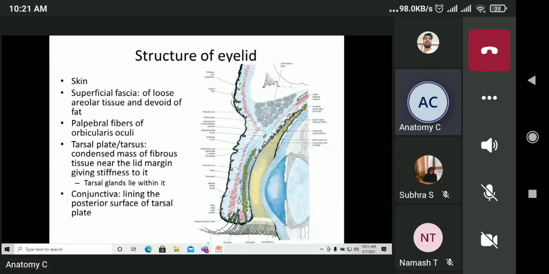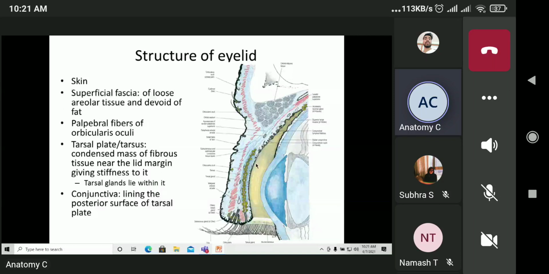In the structure of the eyelid, you get skin and superficial fascia, which is loose and elastic, devoid of fat. Then the palpebral part of orbicularis oculi. You have studied the muscles of the face, so you know about this.